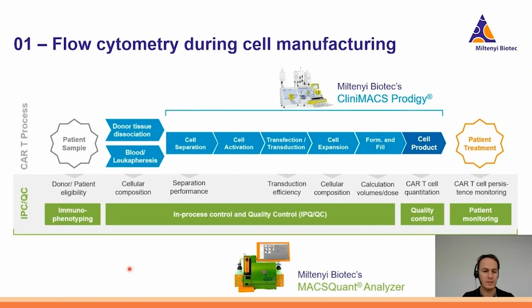It can start with patient eligibility screening, but of course then during manufacturing we have constant in-process control and quality control steps, and then in the end the QC release testing, and after the patients receive the CAR T cells, also potential CAR T cell monitoring.